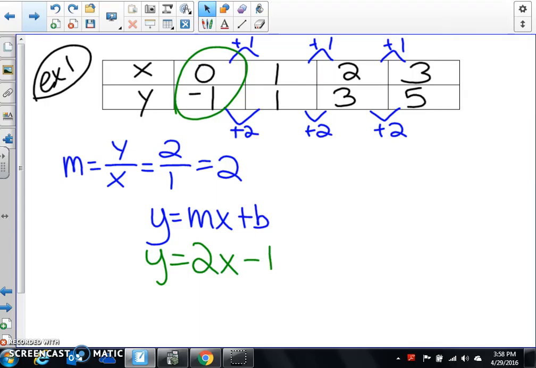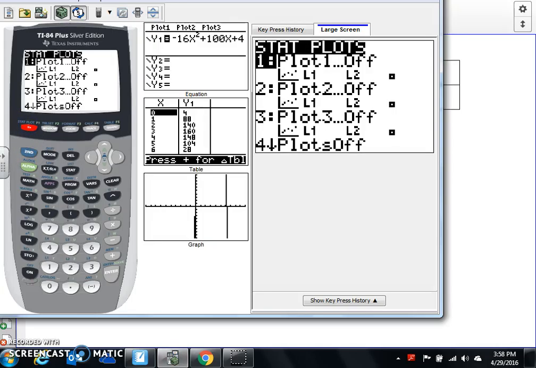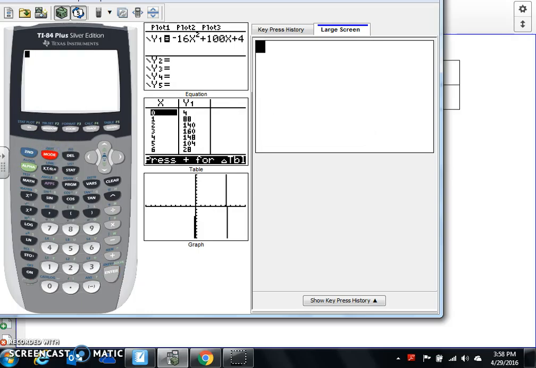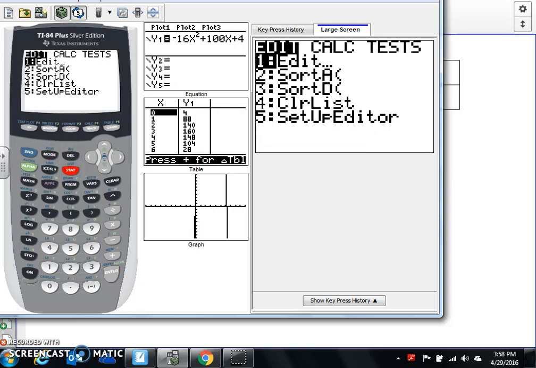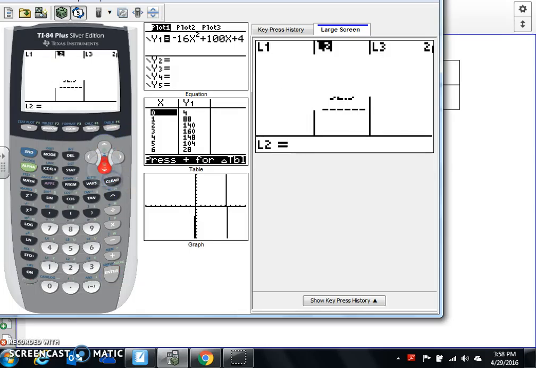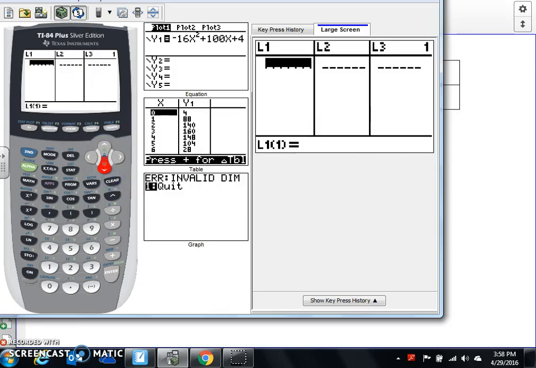Okay, so let me show you how to do this using your calculator. Go ahead and grab your calculator. First of all, we need to turn the stat plot on. So it should currently be off. So go ahead and turn it on. Now we're going to go to stat. We're going to edit our list. And then remember, we have to clear. Do not push delete. Okay, so our L1 are our x values.